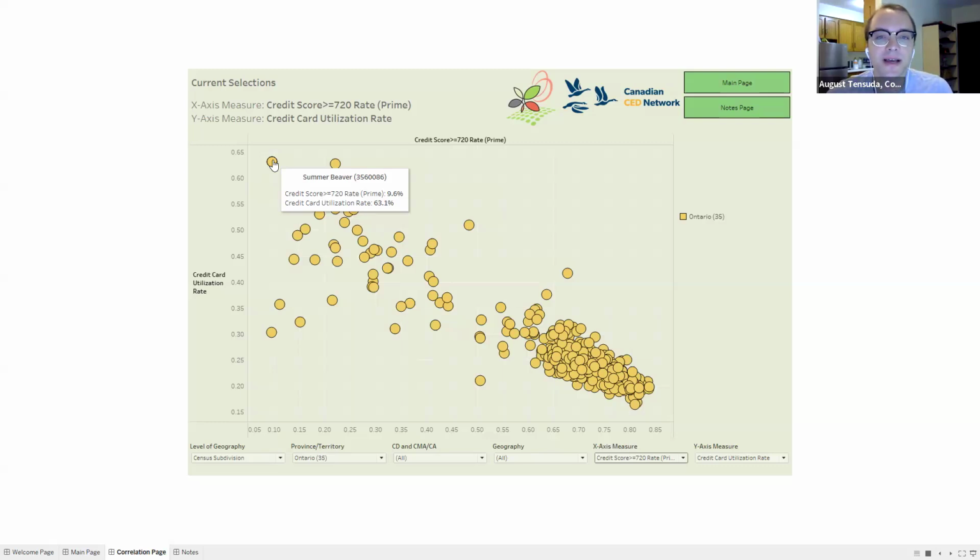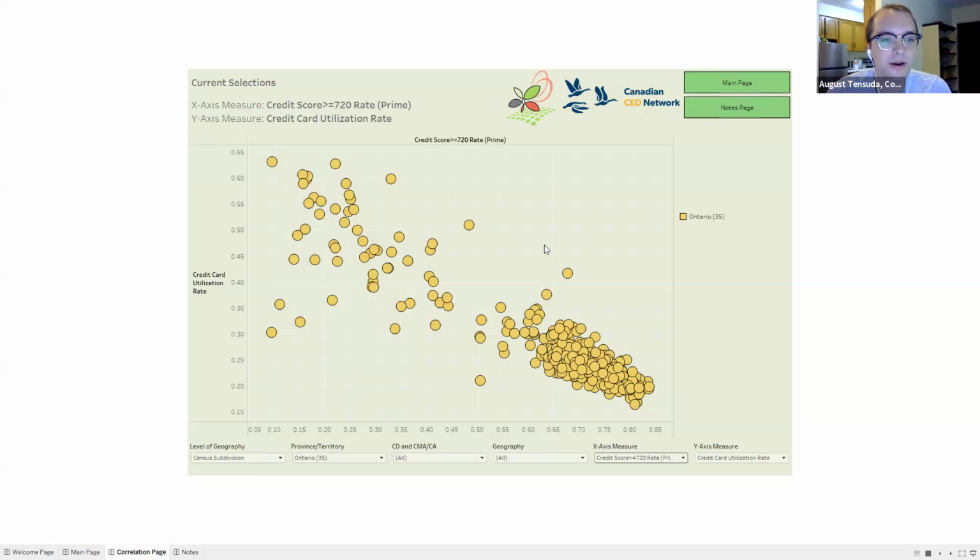So credit score is very correlated with utilization rate at this right side, but it's not very correlated on this left side. So if people have low credit score, then their usage of their credit card is variable. But if they have high credit score, then typically they have low utilization rate, is what that's saying.